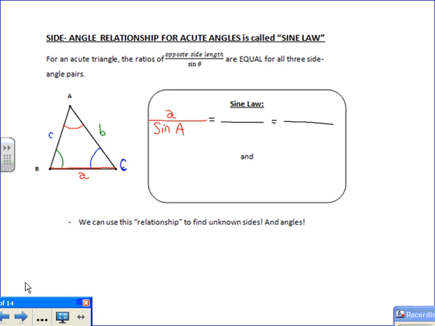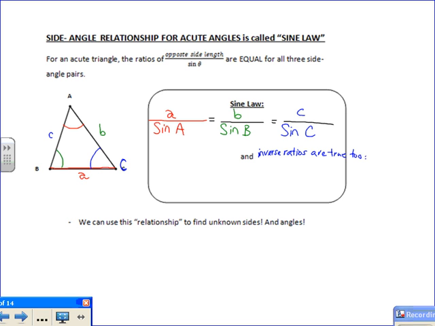So side length b over the sine of B is equal to a over the sine of A, and the side length c over the sine of big angle C are equal to those other two ratios. So those are true. We could also write this by flipping these, or taking the inverse of all these ratios. So the inverse ratios are true as well.